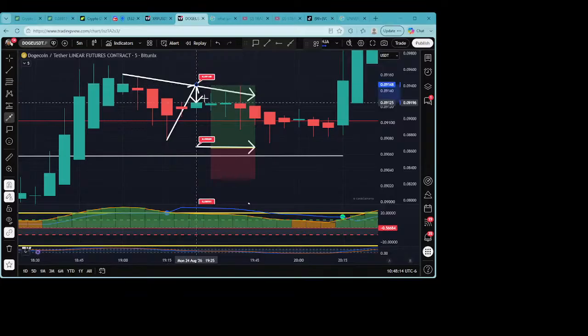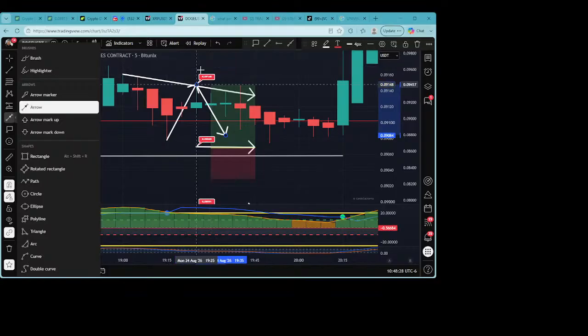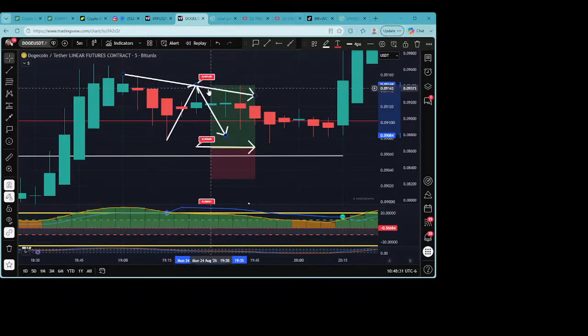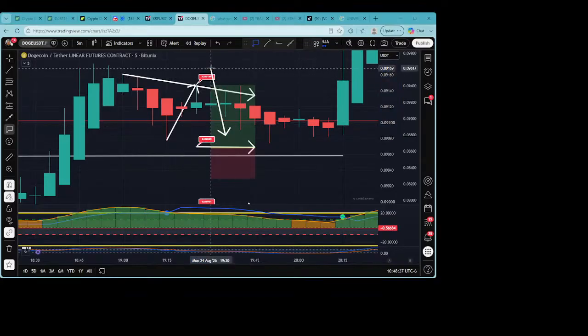Once it starts to head down and it reaches a 10% move, I would move my stop loss from the losing position, which means that my stop loss would be 10%. We'll just say that my stop loss is here.